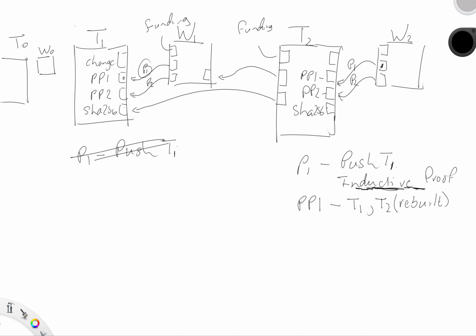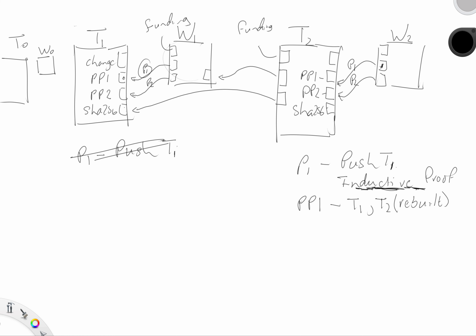But pushing it from W1 introduces a bit of a problem for us. The problem that it introduces is that a person can copy out these outputs, and then you wouldn't know that the inductive proof step in the previous transaction was actually performed.